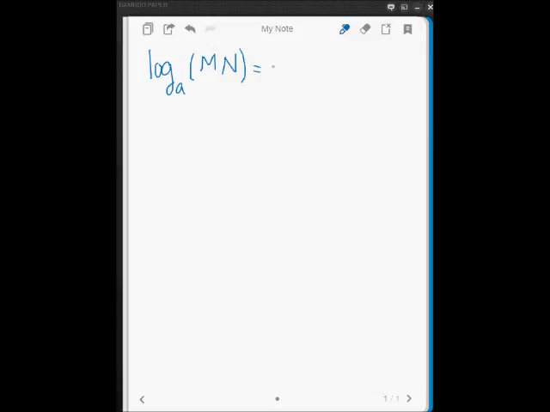is going to equal the log base a of m plus the log base a of n. Okay, to prove that, we have to rework this a little bit. So let's let capital A stand for the log base a of m.